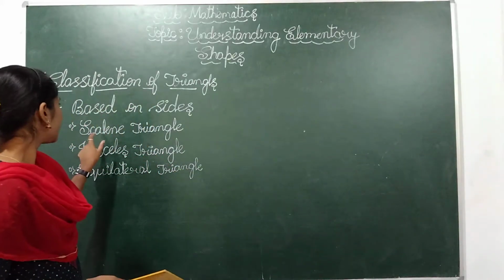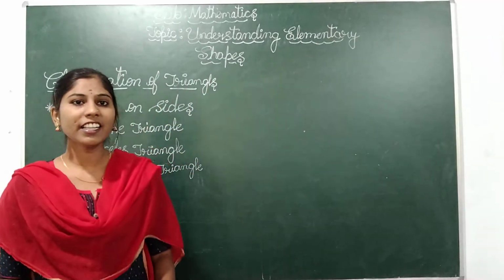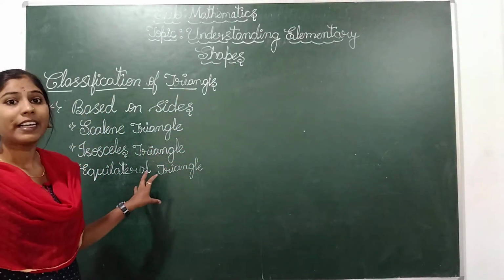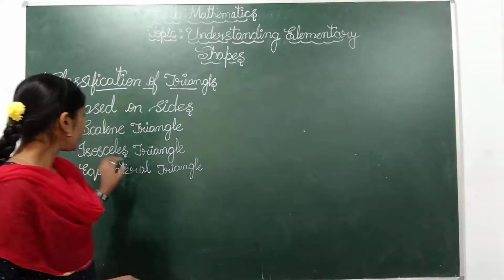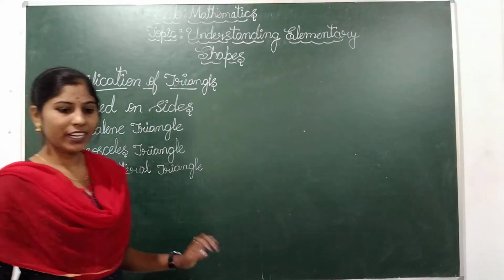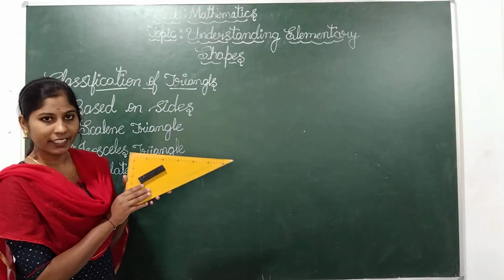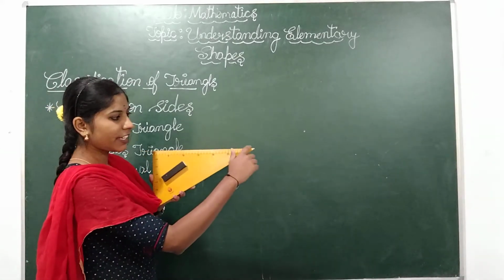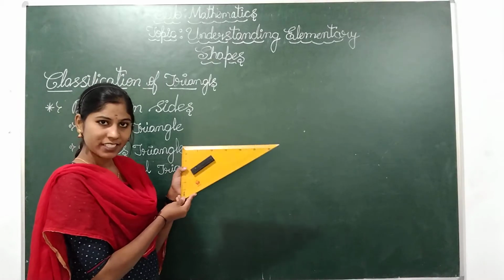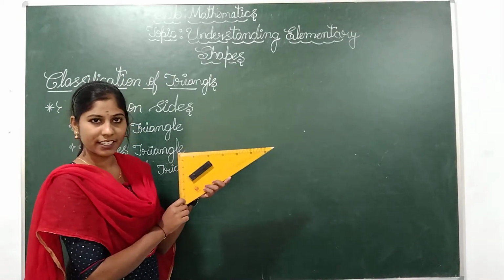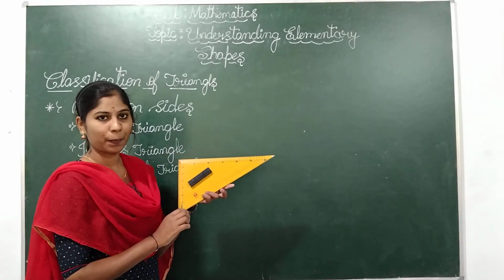The first one is scalene triangle. What is this scalene triangle? A triangle having all sides of different lengths is called a scalene triangle. For example, this is a triangle of different lengths. If this side is 15 centimeter, this side is 20 centimeter and this side is 8 centimeter, all three sides have different lengths.